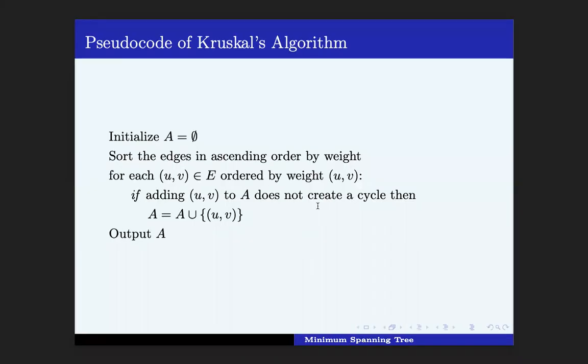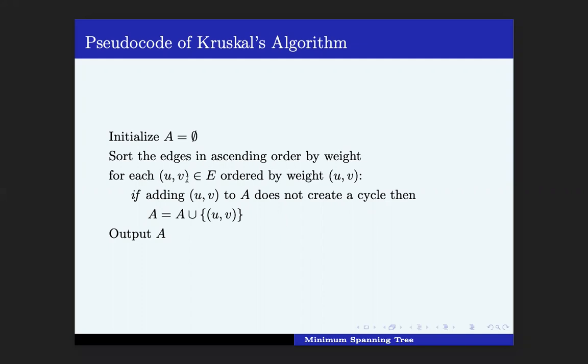Although it is not written here in the pseudocode, this is something that is there: checking whether adding this edge creates a cycle or not. The first and most simple implementation is using DFS or BFS, whichever it is.